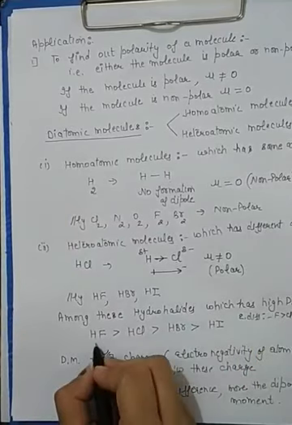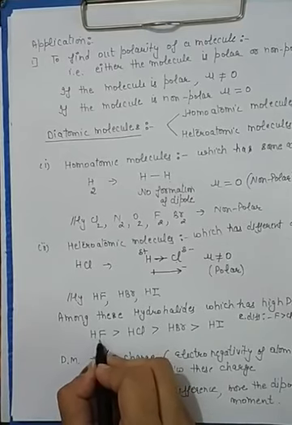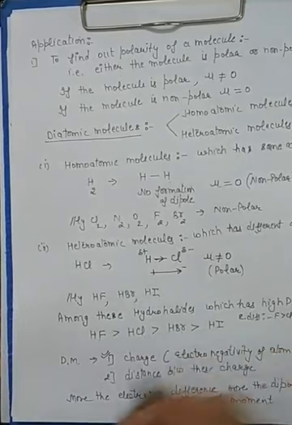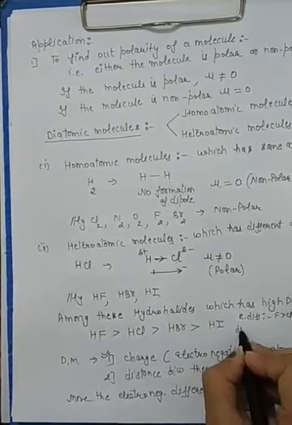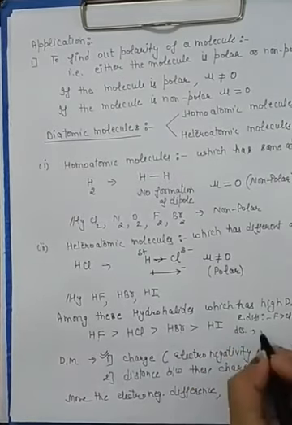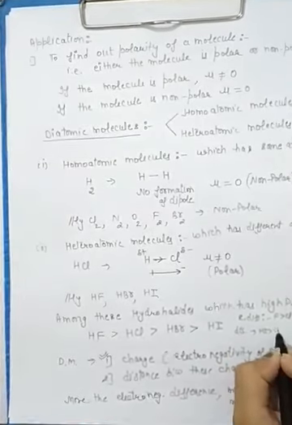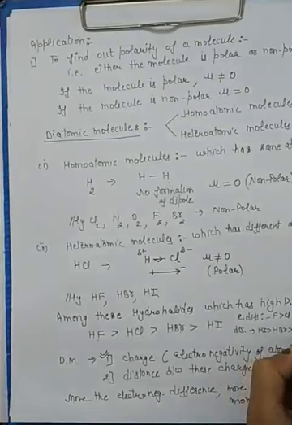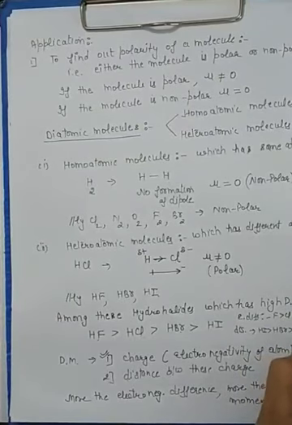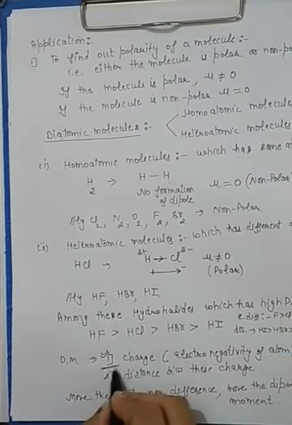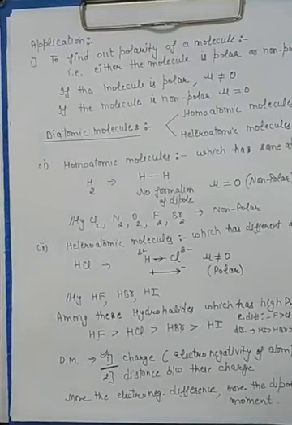It means HF has more electronegativity difference than HCl, then HBr, and the least electronegativity difference is in HI. But if we discuss the distance, then it is more in HI, then HBr, then HCl, and HF. In this type of case, give preference to the first point, that is the charge separation.